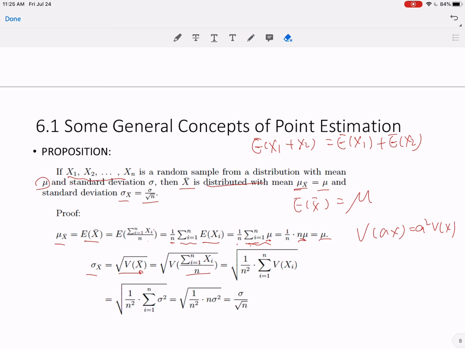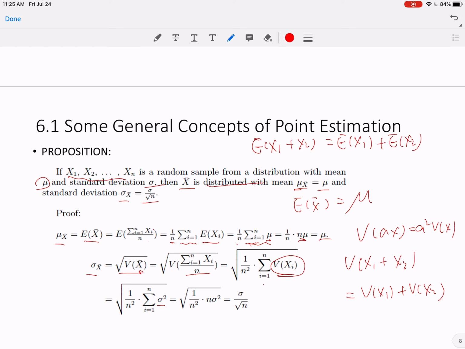We also know the variance of x1 plus x2 is equal to the variance of x1 plus the variance of x2, and that's why we have the summation outside of the variance. And we know the variance of x is sigma squared, so V of xi is equal to sigma squared.